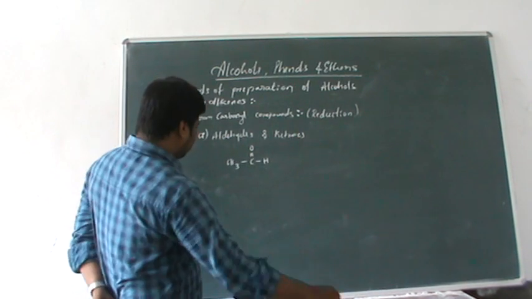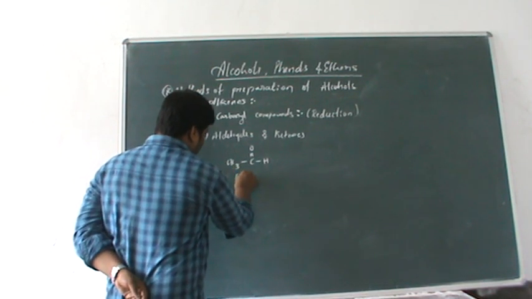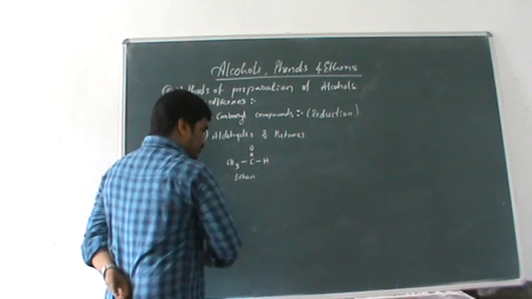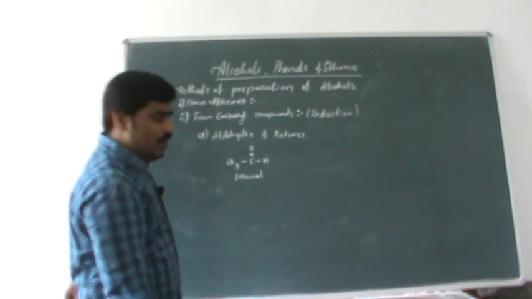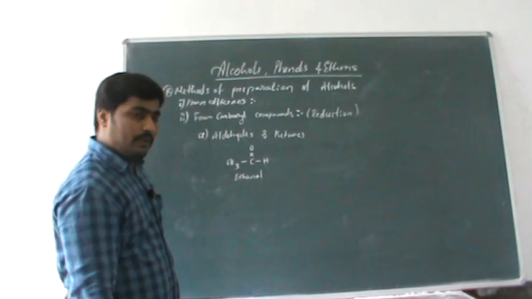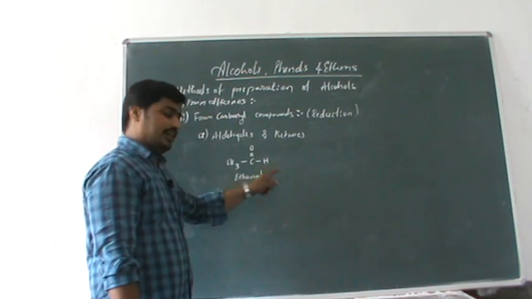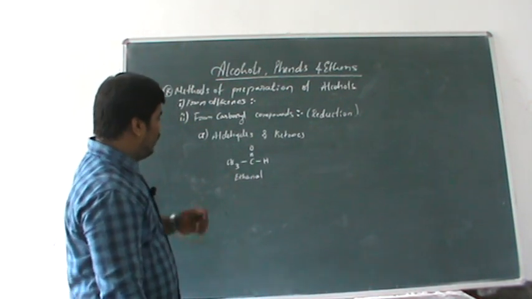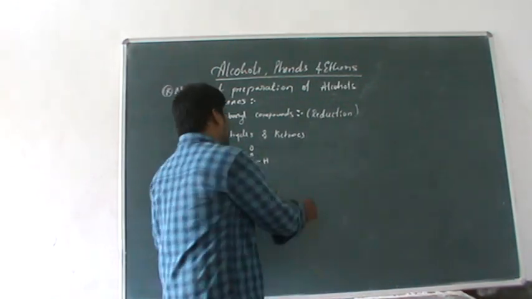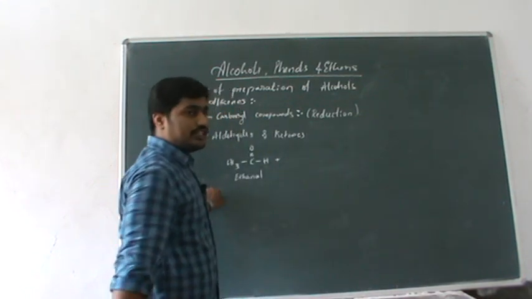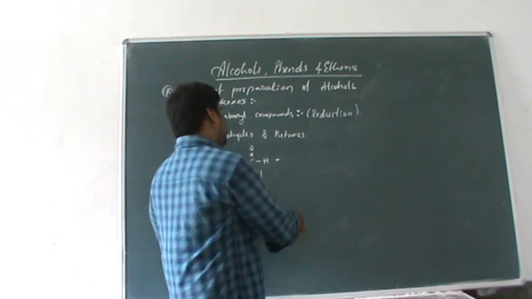This is an aldehyde containing 2 carbons, therefore it is ethanal. And what is the common name of the compound? It contains 2 carbons and it is acetaldehyde.